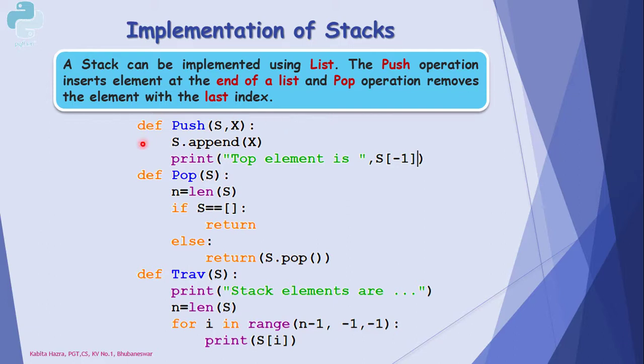Here we have defined the push operation where we have passed the stack, which is implemented as a list, and the item to be inserted. We have simply used the append method to add it to the end of the list. In case of pop method, we are checking whether the stack is empty or not. If not, then we are using the pop method which will remove the element at the last index and it will also return the element.